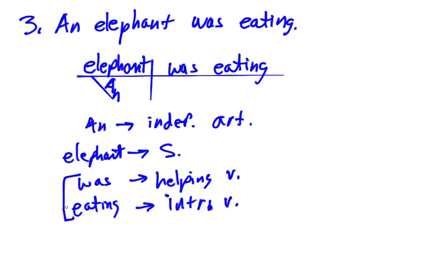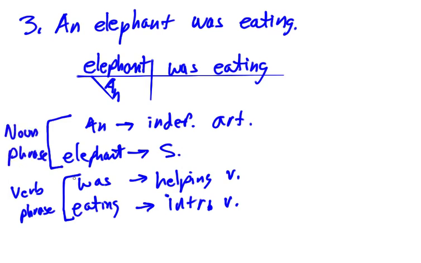Okay, so was eating gives us a verb phrase, and an elephant with indefinite article is a noun phrase. Okay, let's go on to the next one.